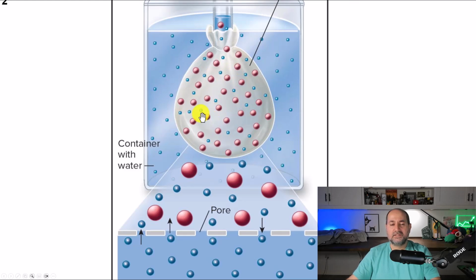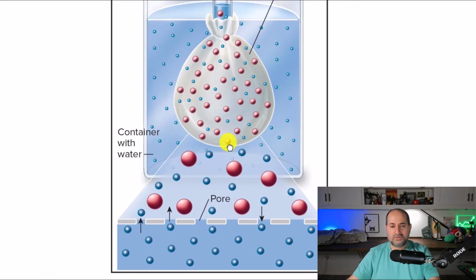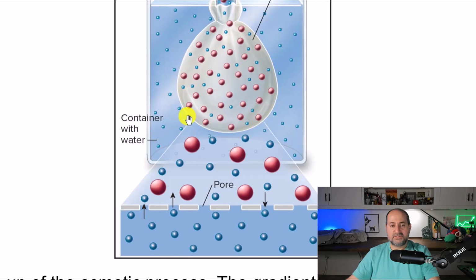So again, this is an example of an osmosis problem. Do you know why? Because I want you to take a look at the membrane of this bag. I want you to look at this white line, the membrane of the bag. And if we zoom in on it, what do you notice? You've got tiny little pores. Now let me ask you this. The water seems to cross the little pores, right?